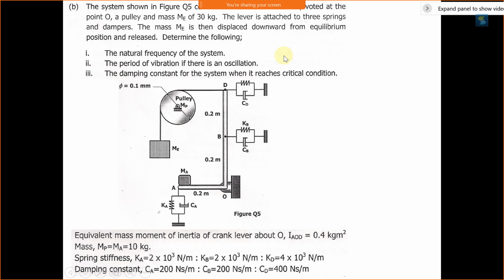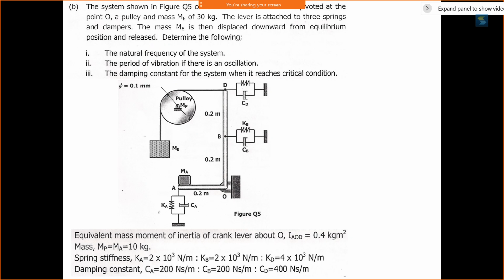The lever is attached to 3 springs and dampers. The mass ME is then displaced downward from equilibrium position and release. So determine the following: natural frequency of the system.